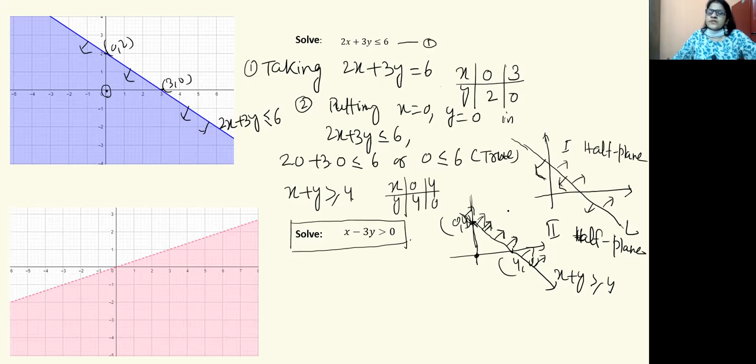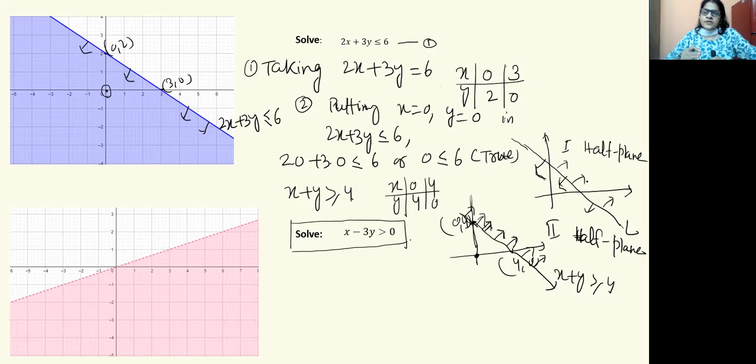So this is the case when the line doesn't pass through origin. We take origin as the landmark, putting x equal to 0, y equal to 0 in the given inequation, and check if the result is true. If the 0, 0 point, origin, satisfies the inequation, the solution will be towards origin.